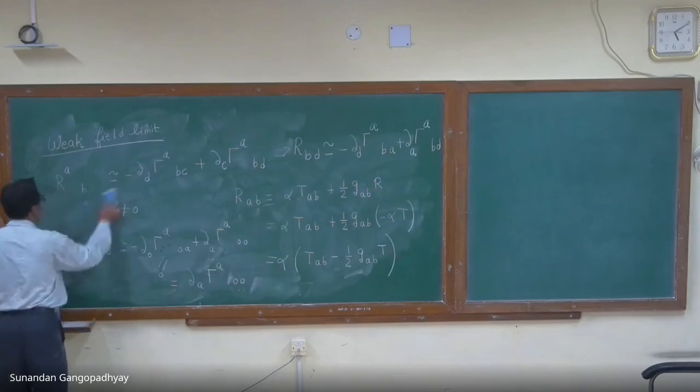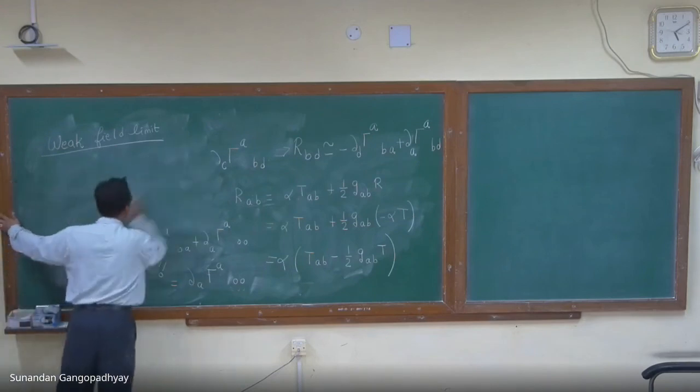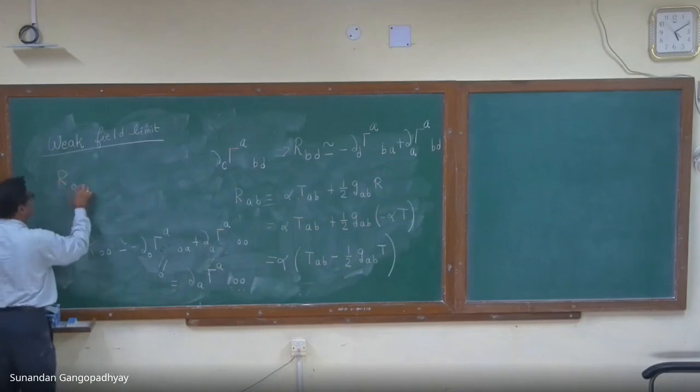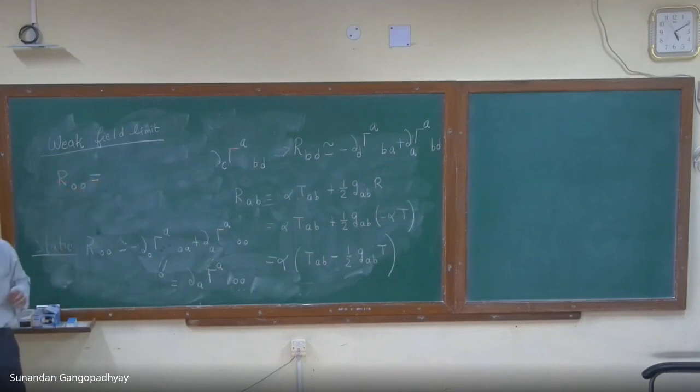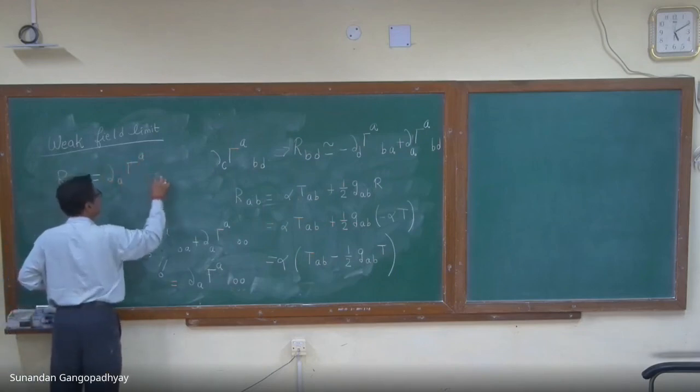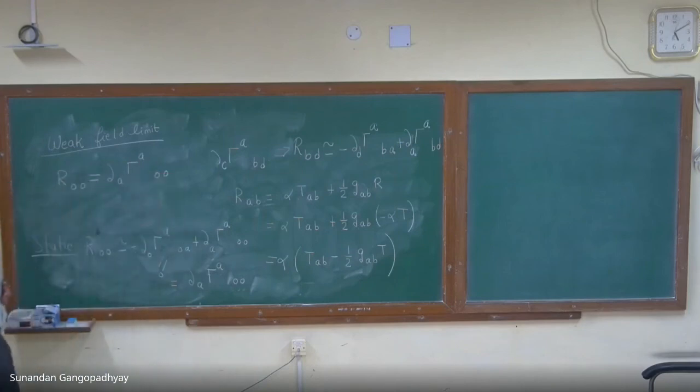So what do we get? Let me write down the equation once more. R00 is equal to del_A gamma^A_00.